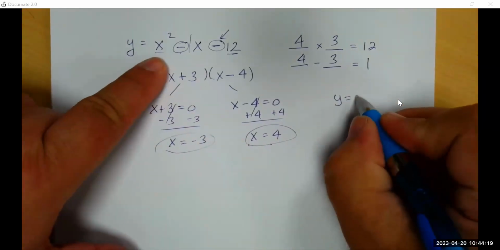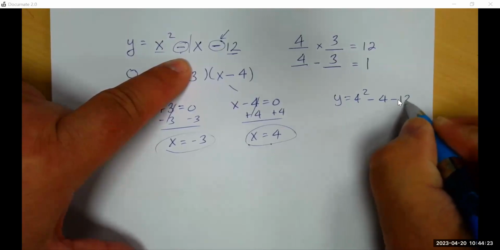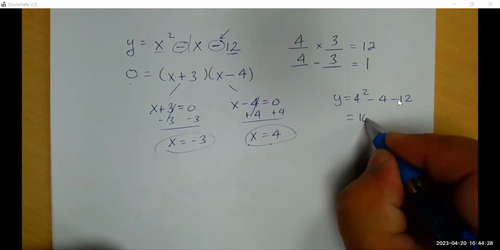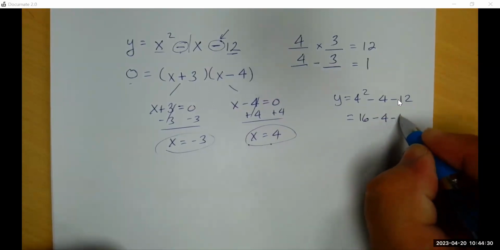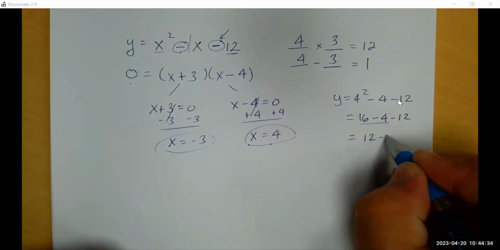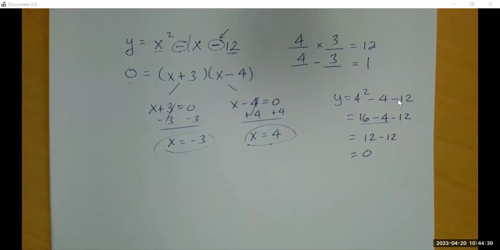Let's say x is 4, so we have 4 squared minus 4 minus 12. 4 squared is 16 minus 4 minus 12. 16 minus 4 is 12. 12 minus 12 is 0, so it works.